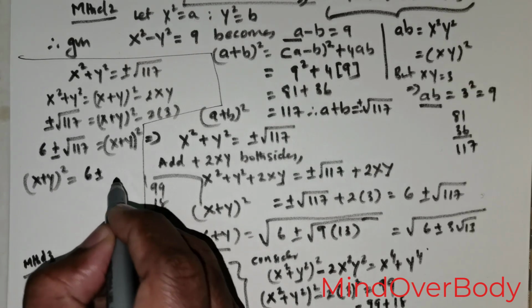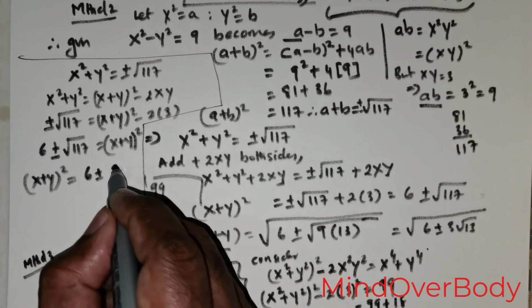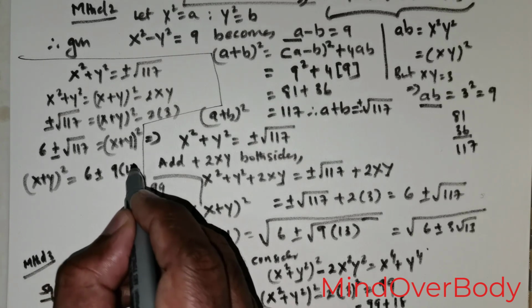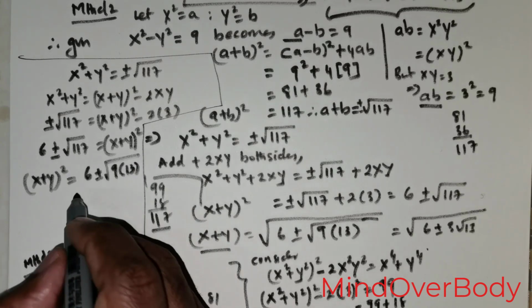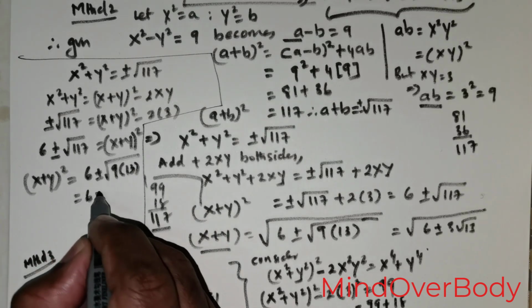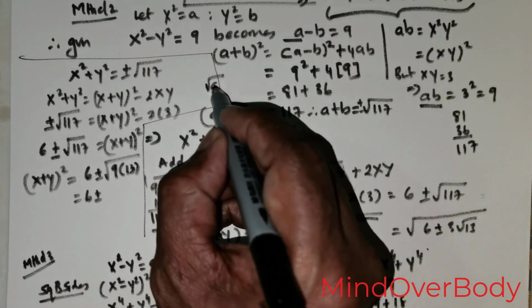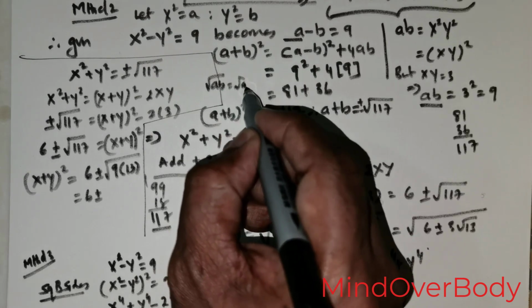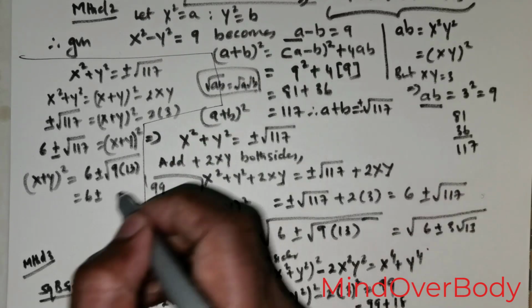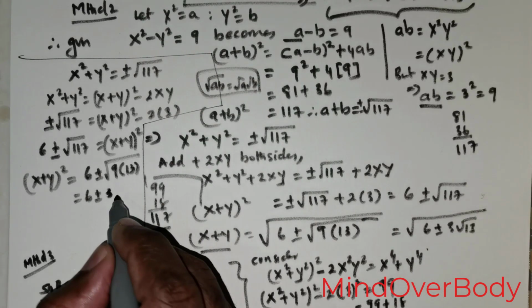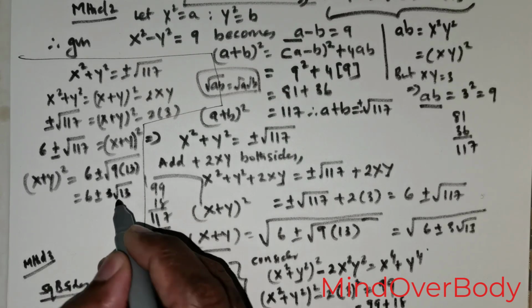So 6 plus or minus. Now 117 is nothing but 9 multiplied with 13, and I've got a root there. So I'm going to rewrite this as 6 plus or minus. I can rewrite root of AB as root of A times root of B. I can do that. So with that, this is going to be 3 times root 13. Right?